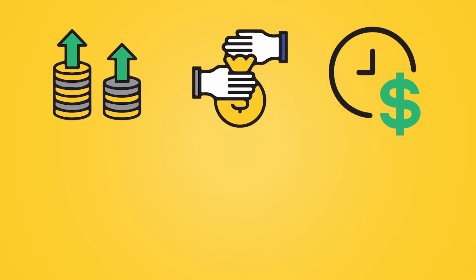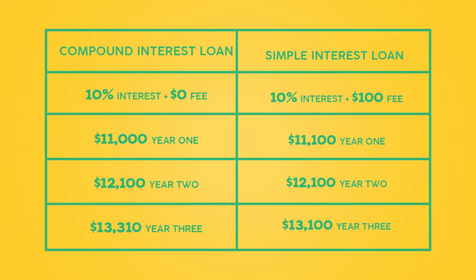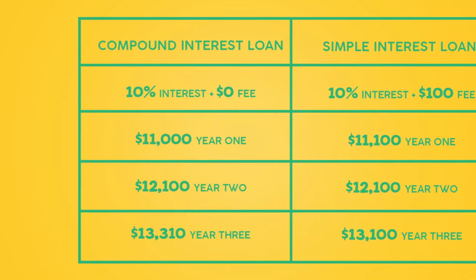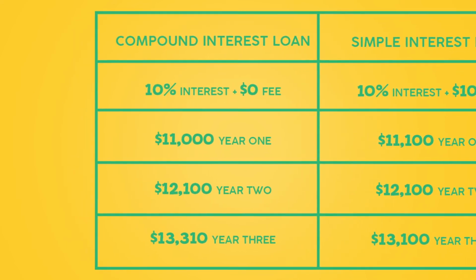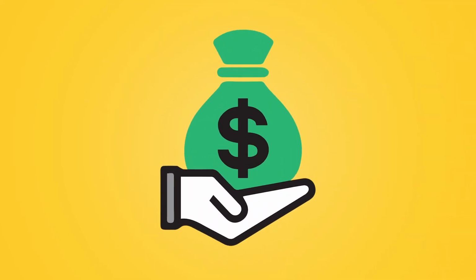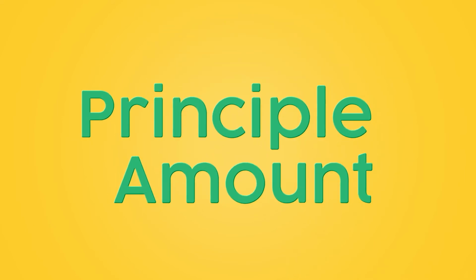So if your compound interest periods were calculated annually, you would owe $11,000 for the first year, $12,100 for the second, and year 3, which is the end of your loan, you would owe $13,310.